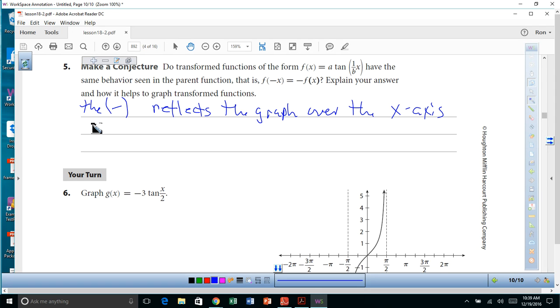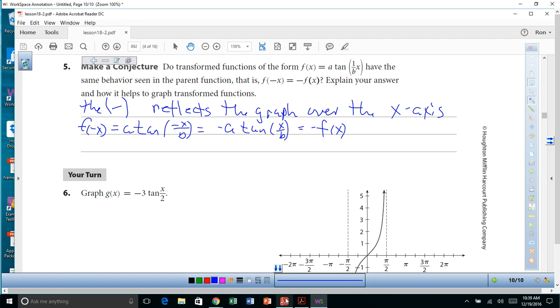Let's see, f of negative x equals a times tangent of negative x over b, which will equal negative a tangent of x over b, which is negative f of x.